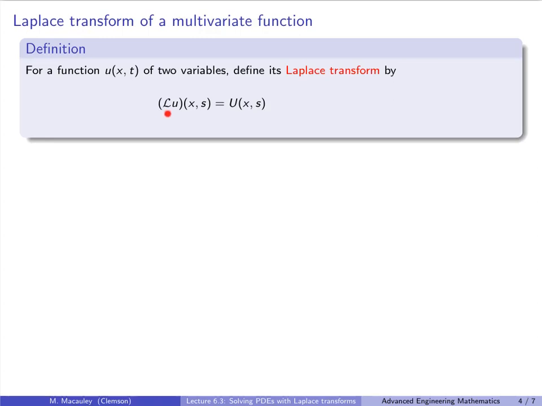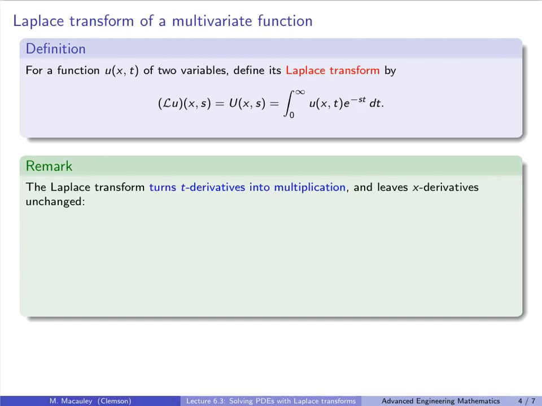L of u is going to be a function of x and of s instead of t, and we'll usually write that as a capital U of x and s. Again, we just treat x as a constant, and we multiply by e to the minus st and integrate out dt from 0 to infinity.